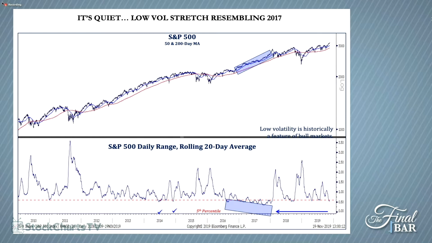And I think the most important part of this is that low volatility environments are associated with new cyclical upswings and a bull market, right? The most recent example being 2017. But even on this chart, you can go back to, say, 2013 or 2014. So as boring as the tape may be right now, we need to use this to our advantage that we are in a fresh leg higher.